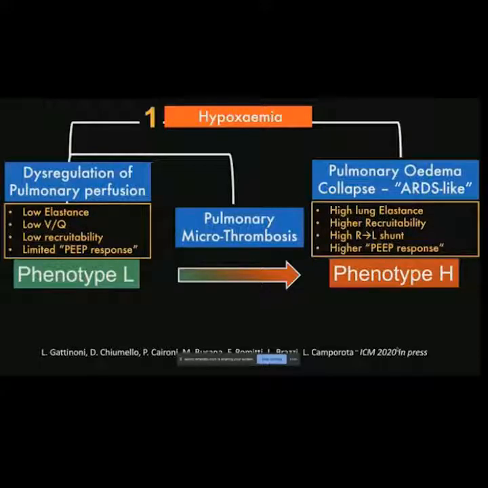So to start with, I know that essentially from all the publications that I posted, you are aware that there is a spectrum that exists with patients who have COVID-19.